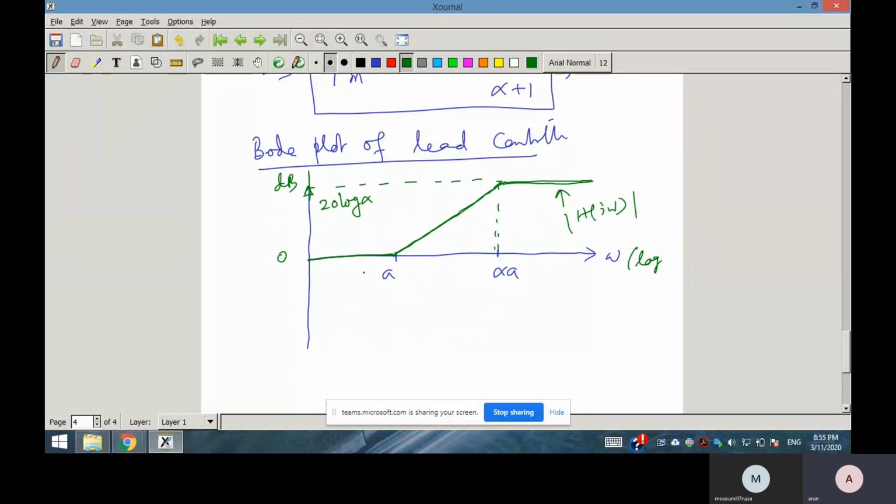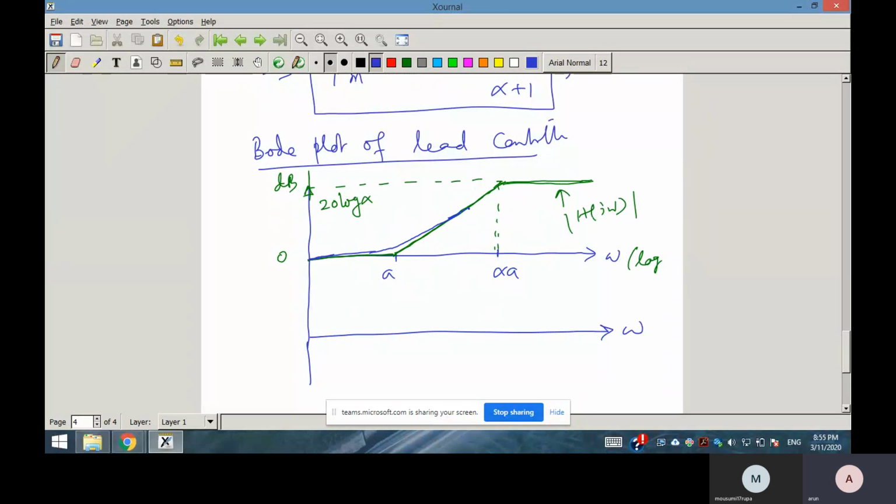Now the phase plot. This is the asymptotic plot I have drawn. You can also draw the actual plot, where a 3 dB difference will be there at the corner.